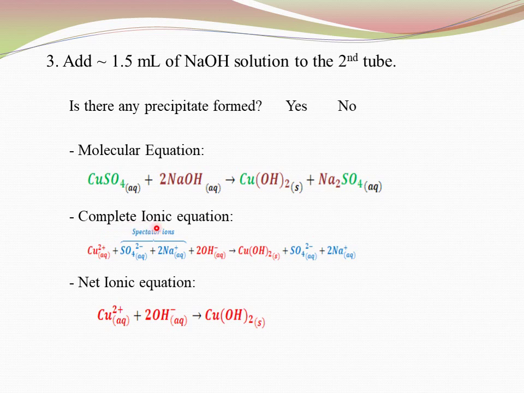So now the complete ionic equation. Write the equation as ions. Here for copper sulfate, I have cation copper Cu2 plus aqueous and sulfate SO4 2 minus aqueous.